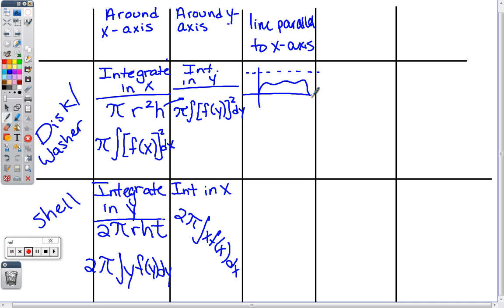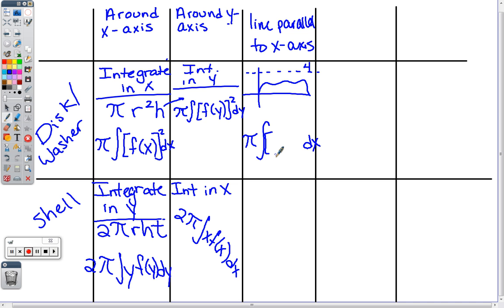Here's my function. Let's call this line 4.